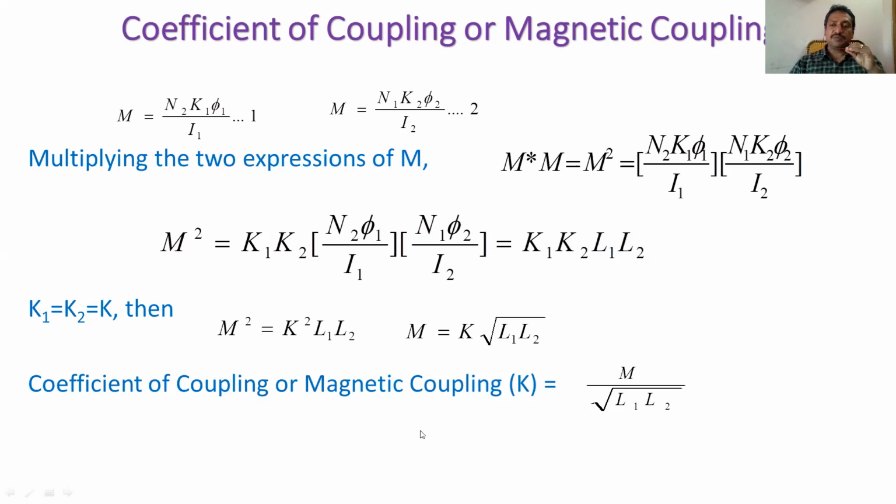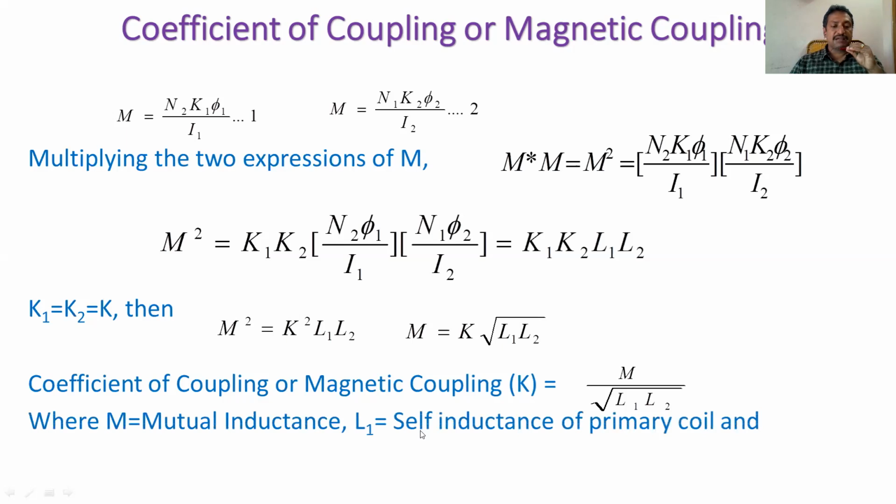If it is bad coupling, very little of the primary flux will link with the secondary as mutual flux. So that is about the coefficient of coupling or magnetic coupling, where M is the mutual inductance, L1 is the self-inductance of the primary coil and L2 is the self-inductance of the secondary coil. This magnetic coupling will be seen in the transformer principle.